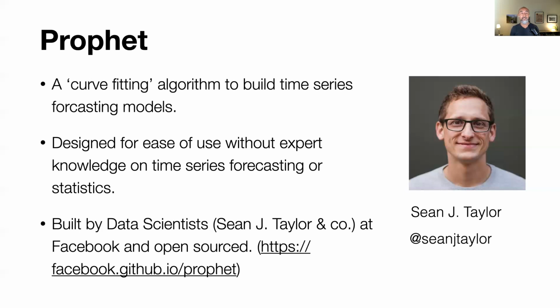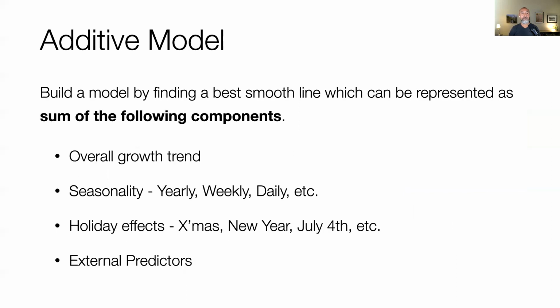This algorithm was built by Sean Taylor, who used to work at Facebook, and his other team members. It is an additive model, so based on the actual data you give it, it tries to understand the overall growth trend, the seasonality, and if you have holiday information, the holiday effect.